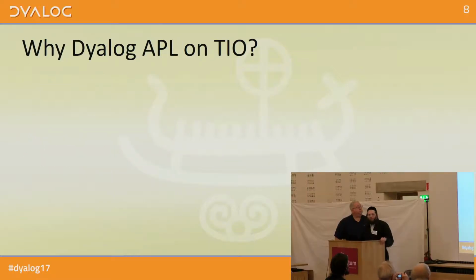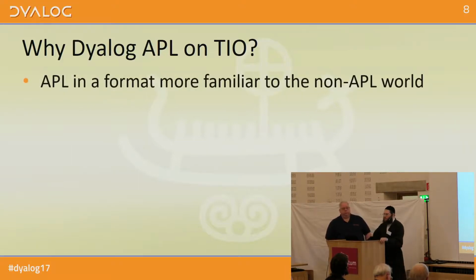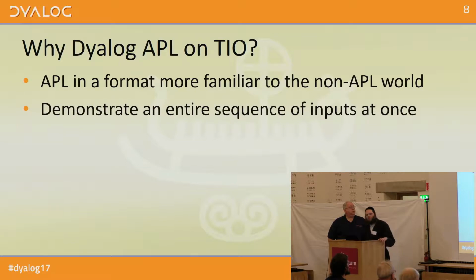So, why do we want to have Dyalog APL on Try It Online? Well, APL is very different, and presenting it in a framework together with other languages, where it's necessarily coerced into a format that's familiar to the non-APL world, is a good thing. It makes it much easier for people to relate to APL, even if that's not the normal use mode of APL. It also can show an entire algorithm or steps of doing something at once, not just a single statement.